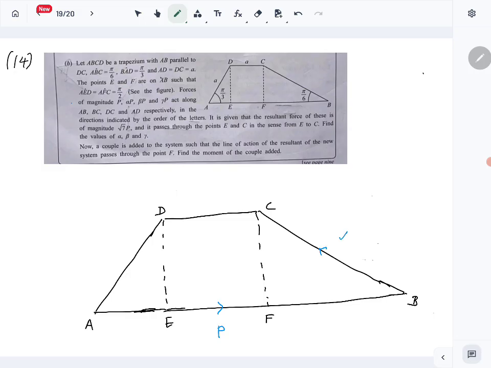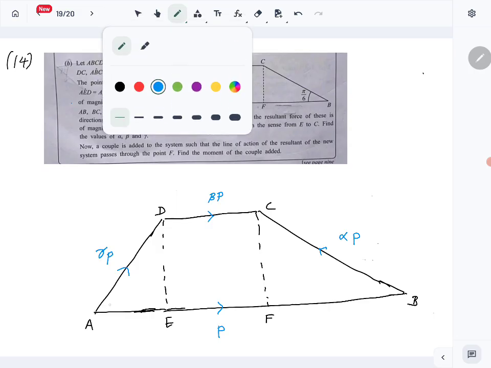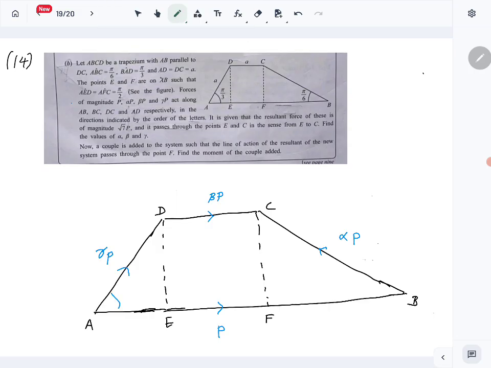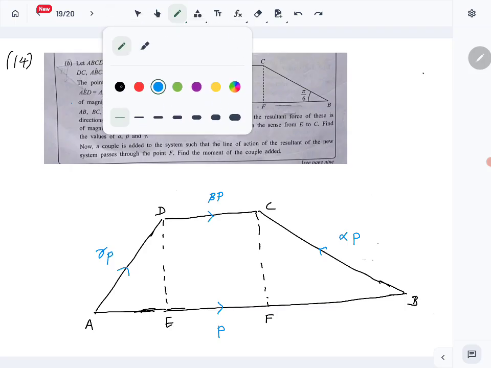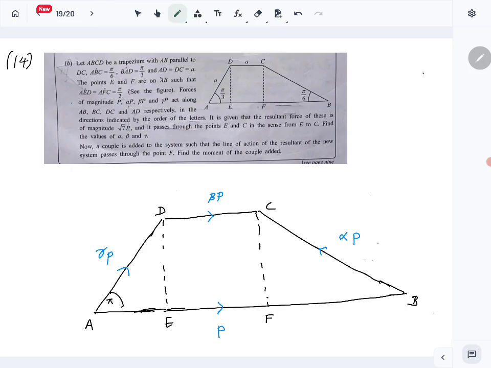So this one is alpha P, this one is beta P, and this one is gamma P. So forces are marked, and these angles also we will mark. So this is pi over 3, this is pi over 6, and this we know is 90 degrees.